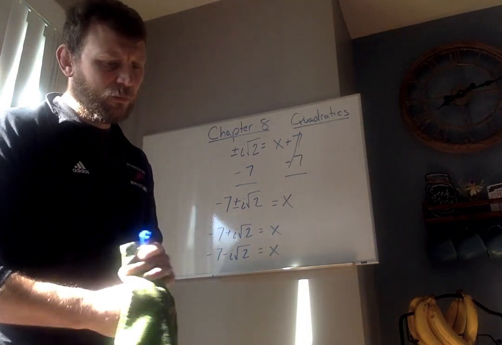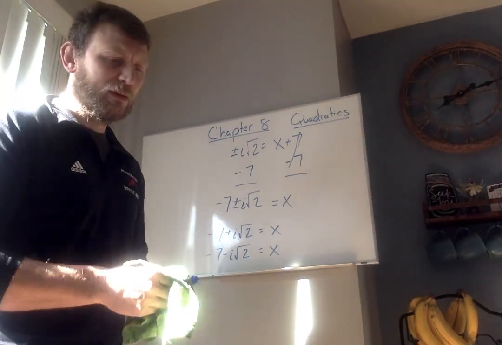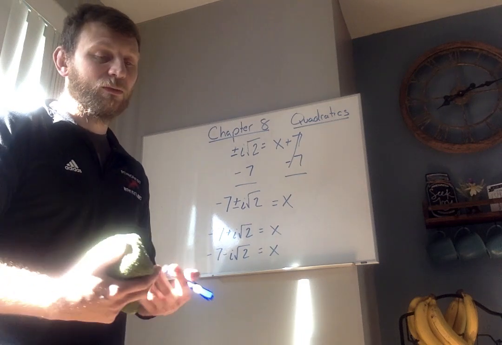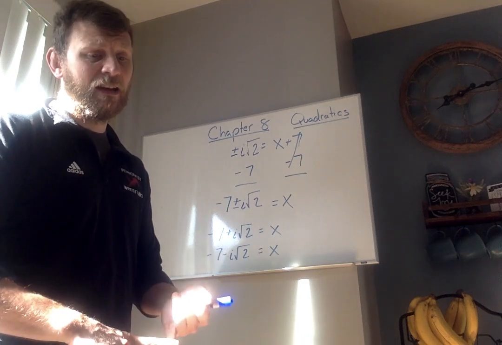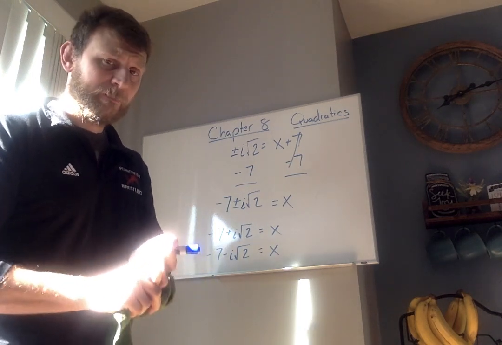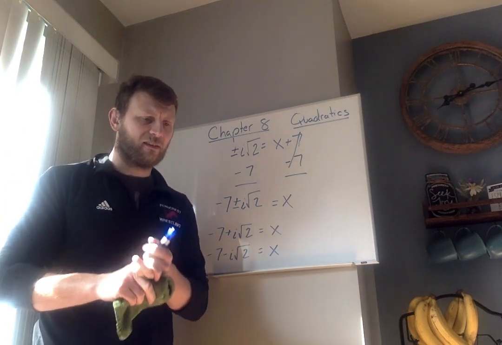All right. Now, which graphs have x-intercepts and which ones have none? Well, if we're looking back at our answers, our answers that have real numbers, meaning A and C, have x-intercepts. Those two, if you graphed it, cross my x-axis.